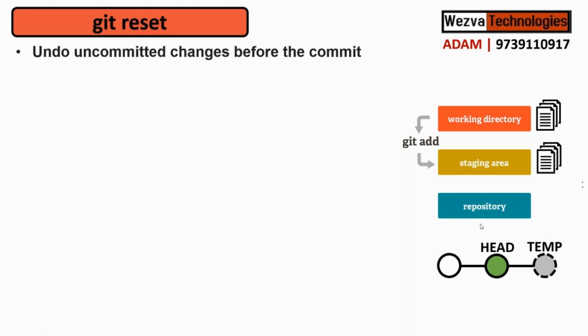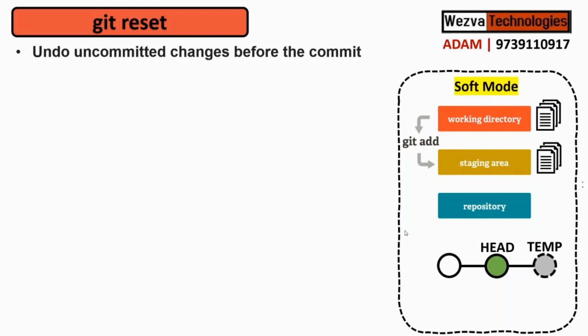Okay, now when you say reset or undoing this, once again there are three modes of undoing which correspond to each of these areas. So pay attention. The first mode of undoing is soft mode. If you do a reset in soft mode, all it will do is go to the repository, and the head reference will be pointed back to the original head reference.